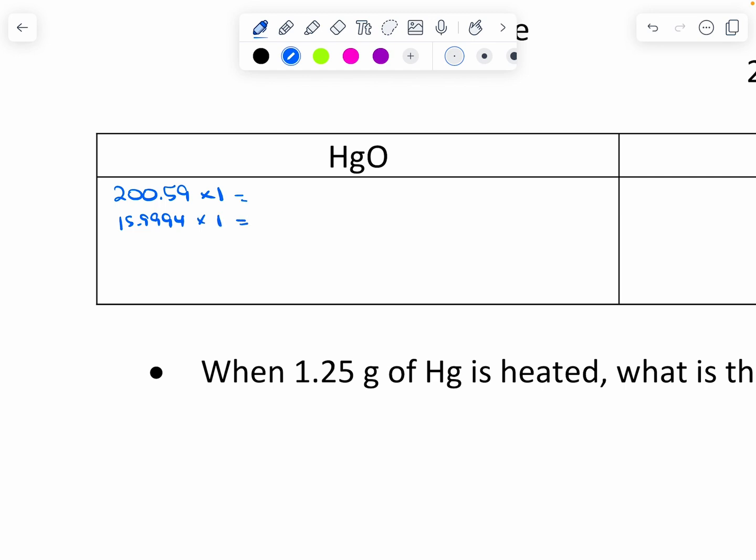So we take 200.59 and add 15.9994, and we round to 2 decimals, so we get 216.59. Remember, our label on that is grams per mole.